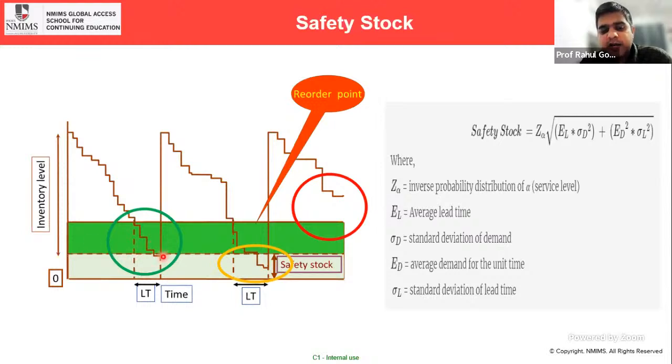You received the inventory here, and next time you are receiving the inventory here. So in this cycle, you have consumed this much stock, and this is called cycle stock. The stock which you are consuming in every cycle is called cycle stock. So there's cycle stock, there's safety stock, there's reorder point, and there's reorder quantity.